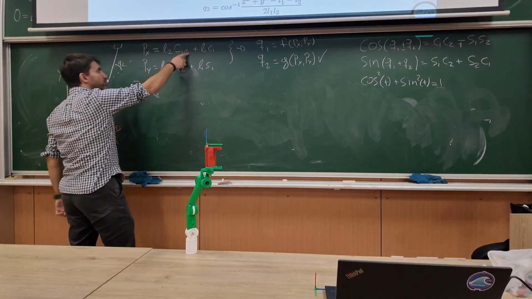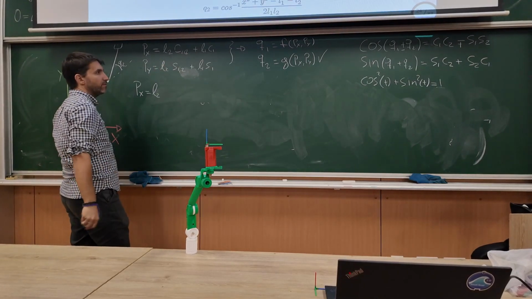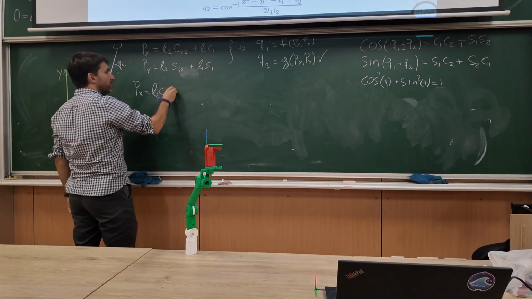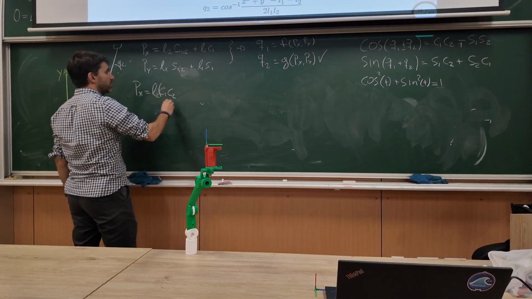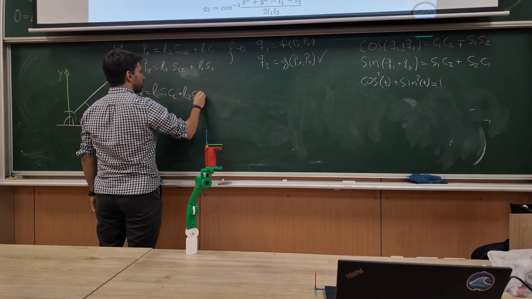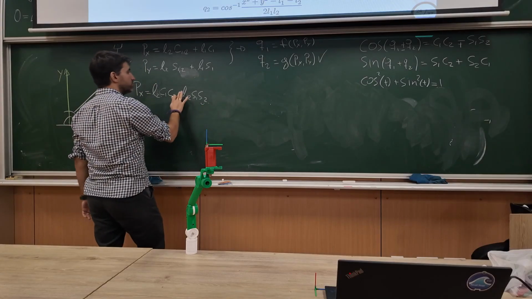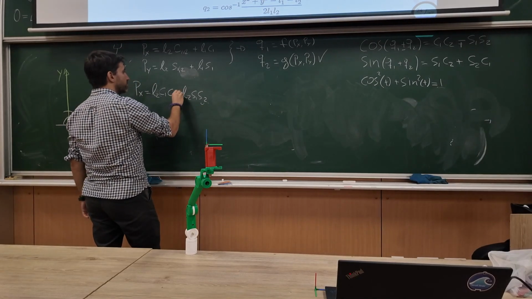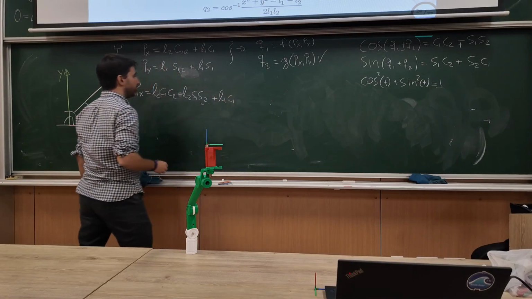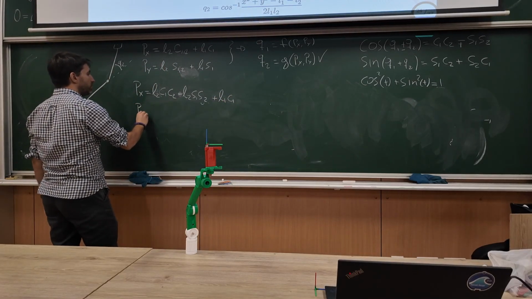So what would this be? This is basically what's written there, cosinus of, and let's do it like this in one step. Sinus, minus, sorry, plus L1 C1. And Py will be what?